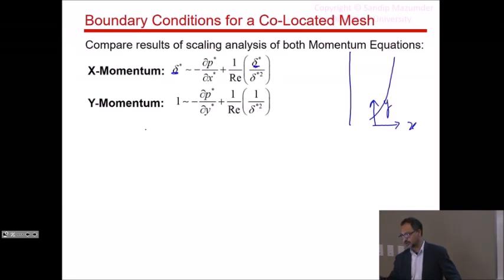Now, dp dx and dp dy we haven't talked about yet, and you see the delta star is missing here. So clearly, the magnitude of the entire x momentum equation is much smaller than the magnitude of the entire y momentum equation. It's almost as if I've taken this equation and multiplied it by delta star.